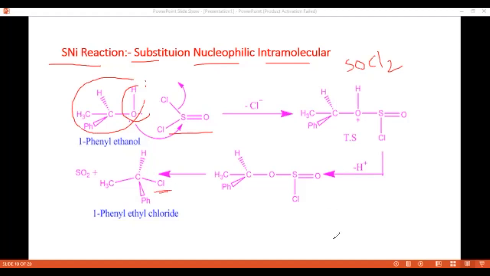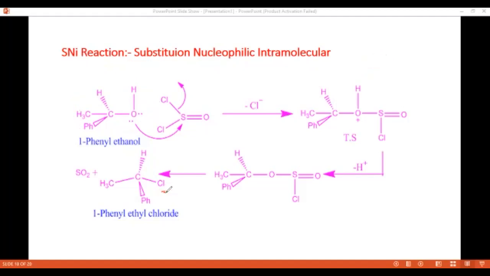This is a nucleophilic substitution which follows second order kinetics. The order of the reaction is 2, which means two reactants are present in this reaction.